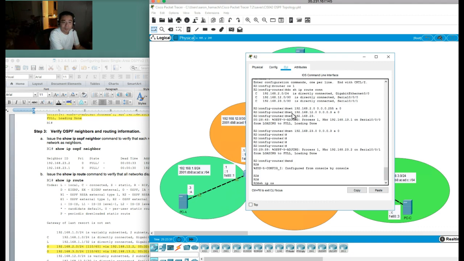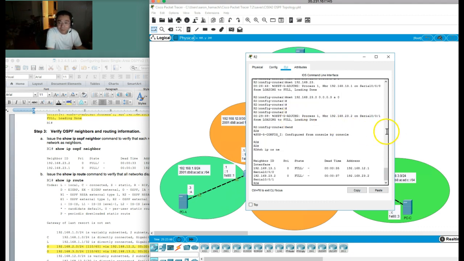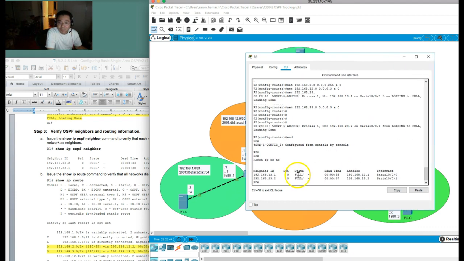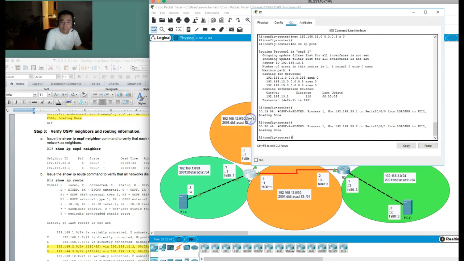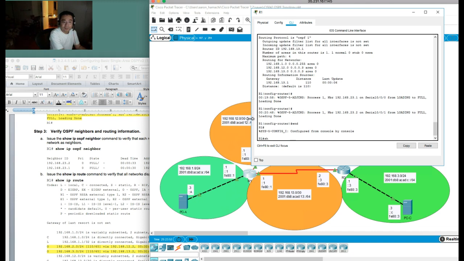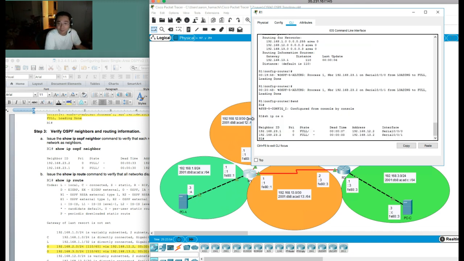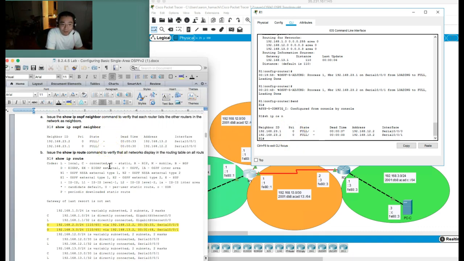Show IP OSPF neighbor. And we see the neighbors from router 2's perspective and router 1's perspective. Show IP OSPF neighbors. And yes, we do have our neighbors that are connected.